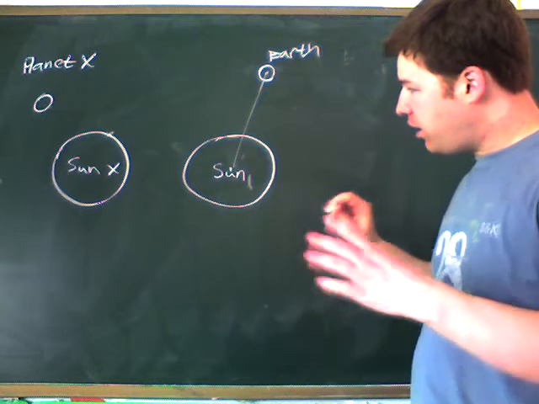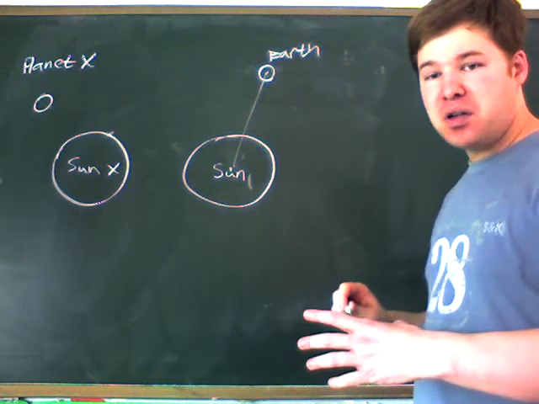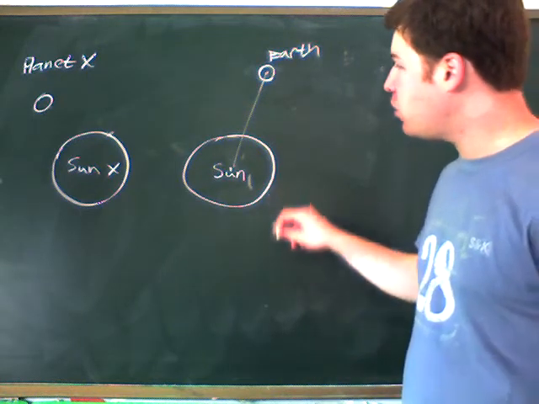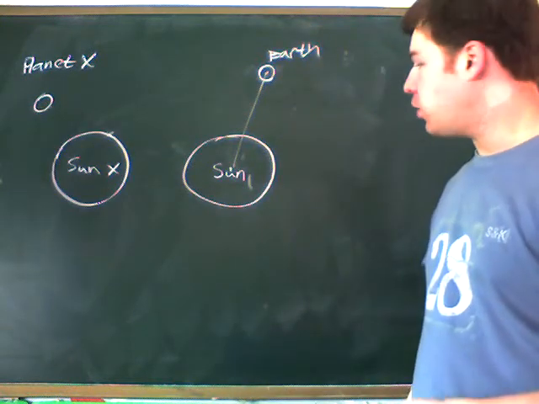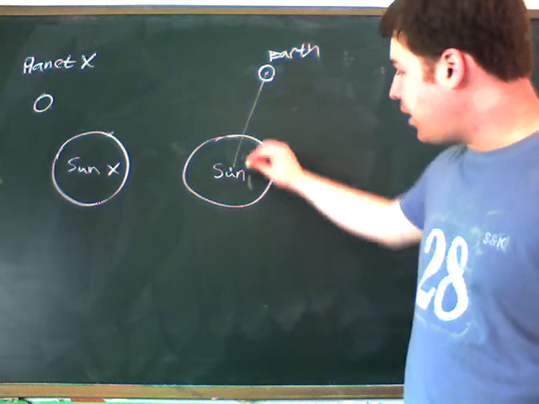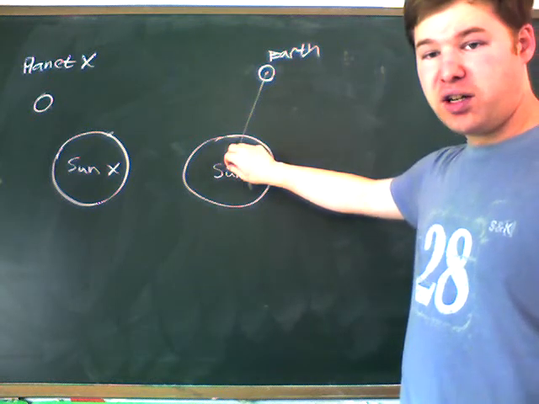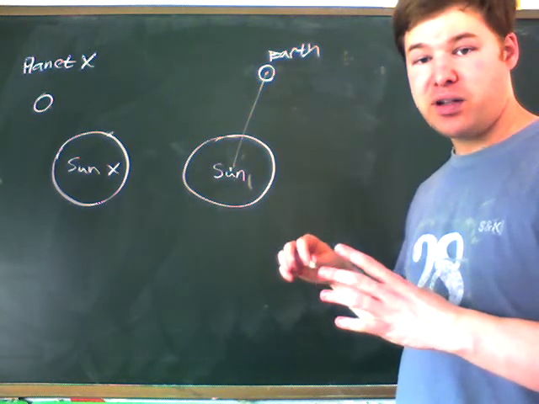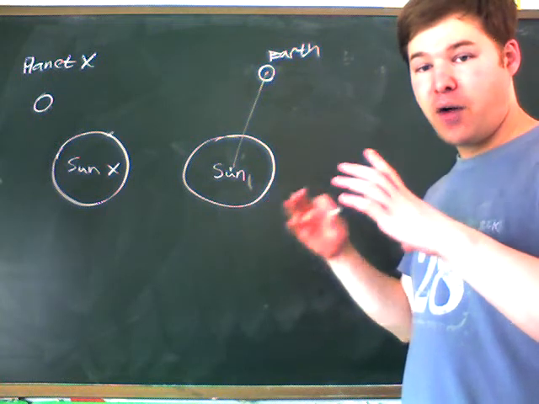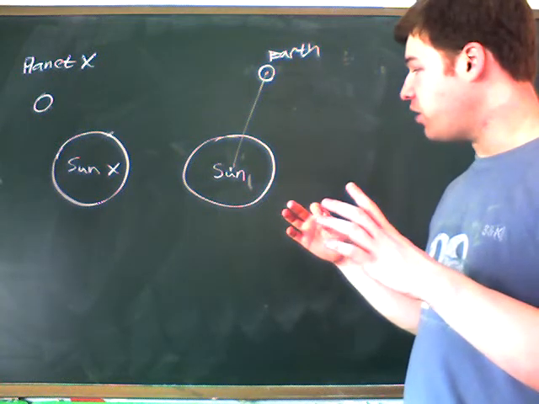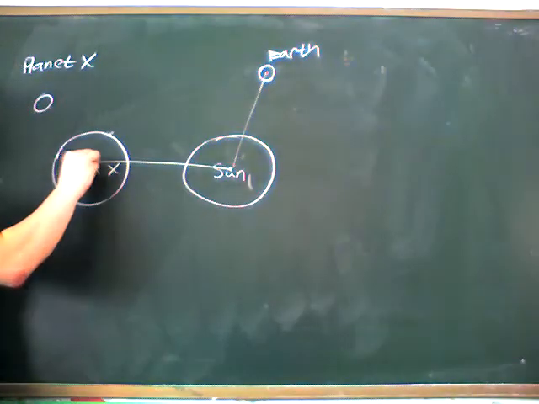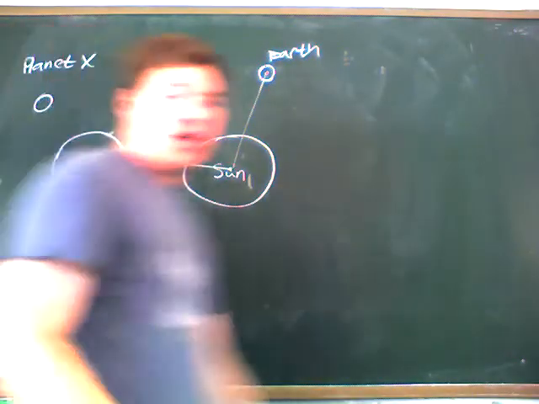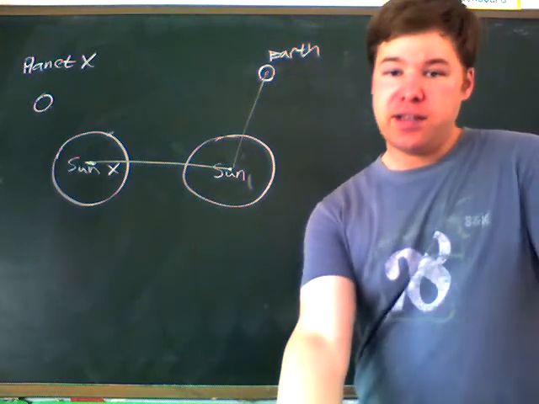So really, in our Stargate, we do not need to worry initially about where this planet is actually at. We just need to make a connection. We need to put the Stargate address into our outermost Stargate ring that goes from this sun to this X sun, and that is fairly easy.